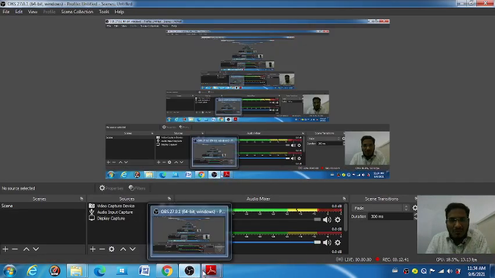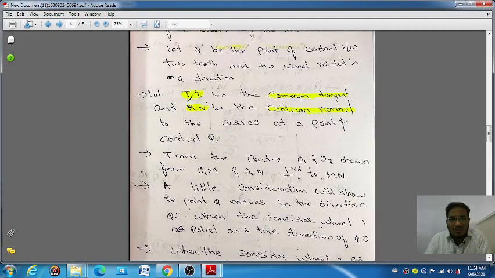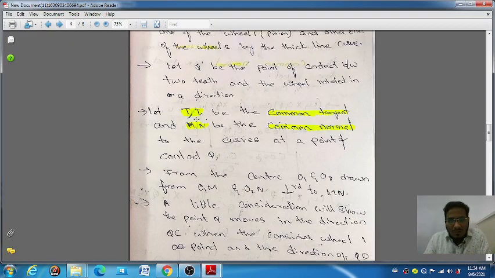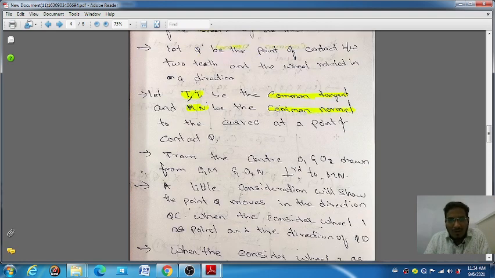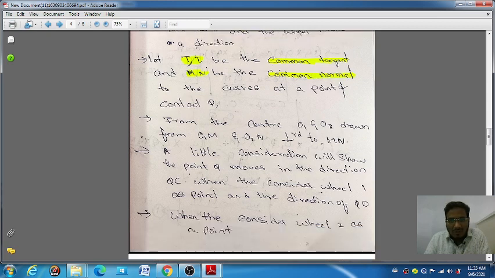So what we are noticing here, again I am telling you. T to T is a common tangent, MN is a common normal, and Q is the point of contact where the curves intersect each other.